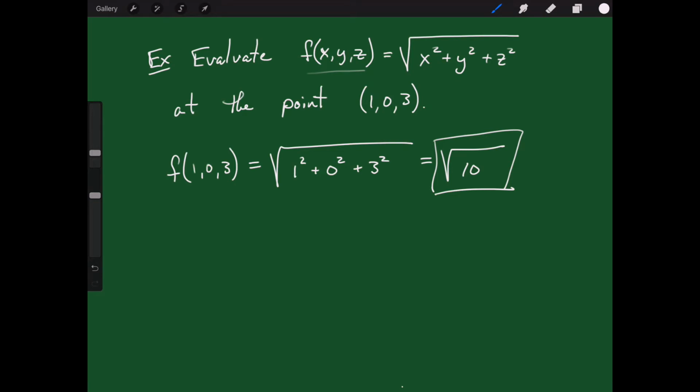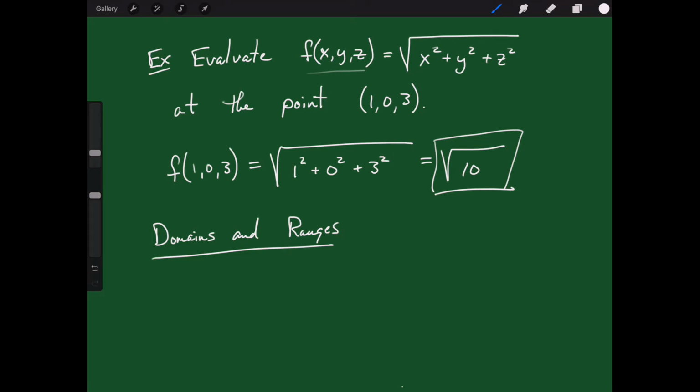Now, we can talk about the domains and ranges of these real valued functions in more than one variable. So let's talk for a second about domains and ranges. We've talked about domains and ranges before in other classes, but typically we're talking about the domains and ranges in 2 dimensions, not in some higher dimension.